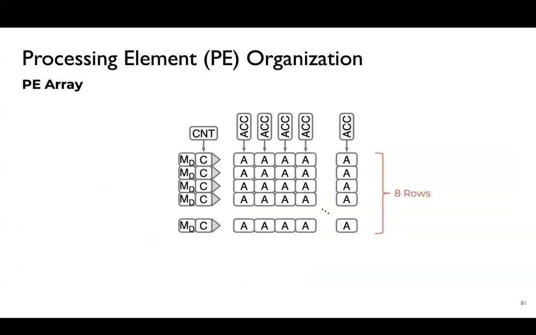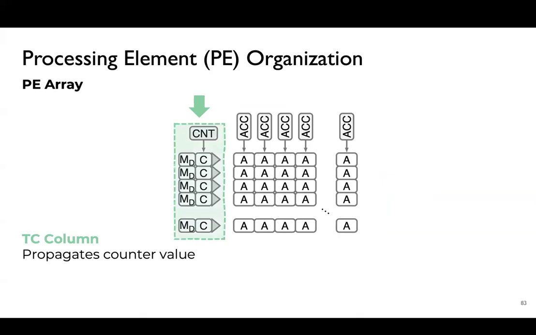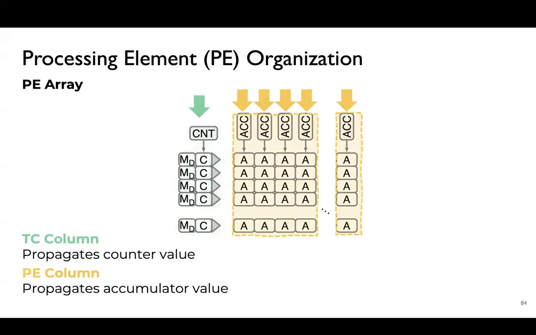And putting these all together, let's see how the PE array is organized. Here we have 8 PE rows and 8 columns because we have a 3-bit mantissa, and the PE pipeline depth has to match the length of the temporal bit stream. Counter values are propagated along the column dimension to each temporal converter.